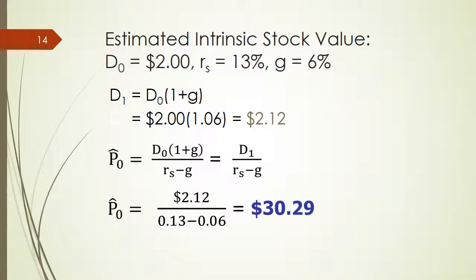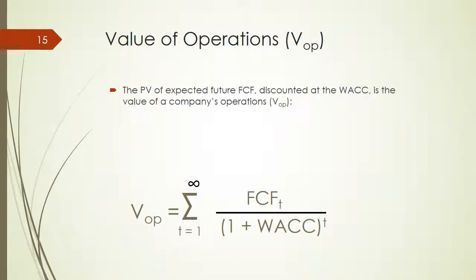For example, say the dividend paid at the beginning of the first year is $2, the required rate of return is 13%, and the dividend growth rate is 6%. So the price of the stock is $30.